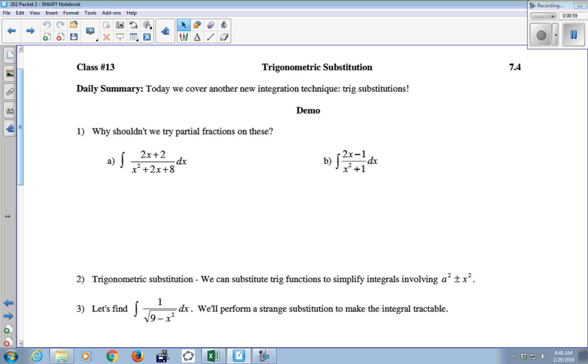All right, looking at these first 2 examples here, why would I not use partial fractions on them? They can't be reduced. The denominators don't factor, right? So there's no way to break it up into the sum of 2 fractions.